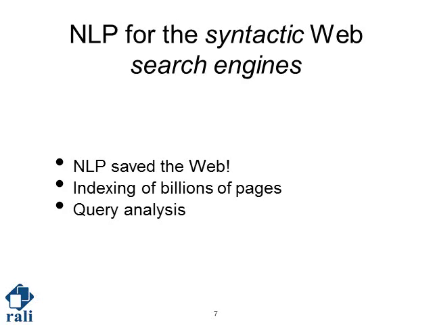As I'm sure you've heard over the last few weeks, we can divide the web more or less between the syntactic web and the semantic web. So we will first start with the syntactic web, that is the web where people write more or less text, and then after that, we have to get the information.